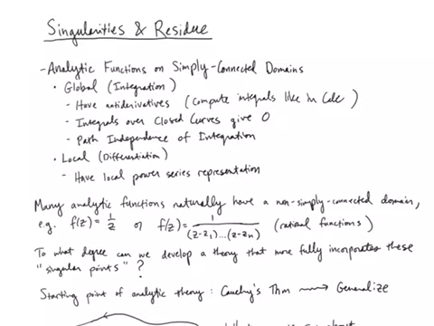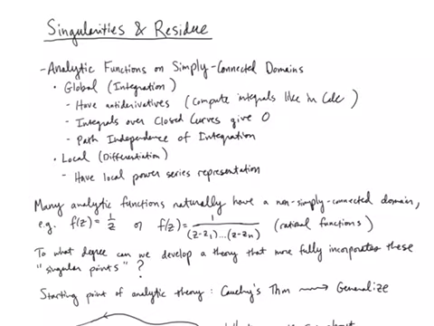But many analytic functions naturally have non-simply connected domains. For example, the function 1 over z has the non-zero complex numbers as domain, and that's not simply connected because a curve going around the unit circle encloses a point not in the domain.